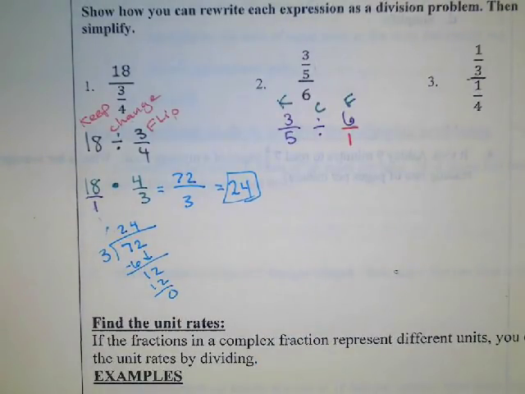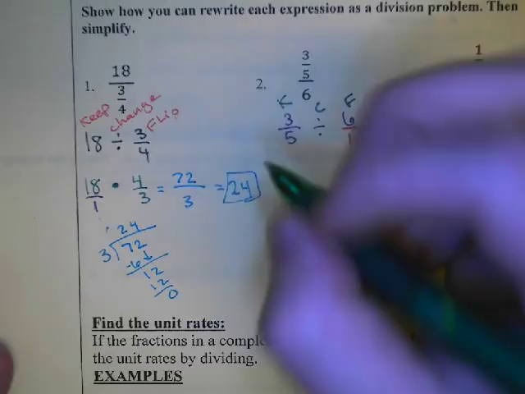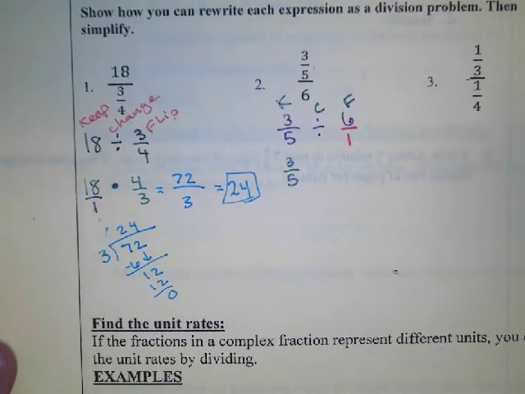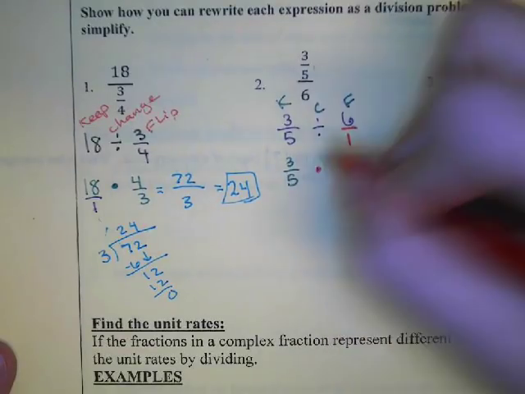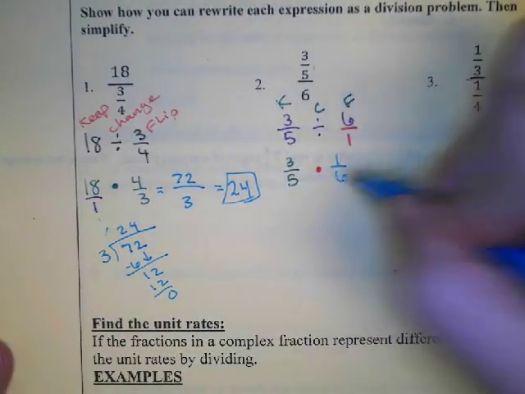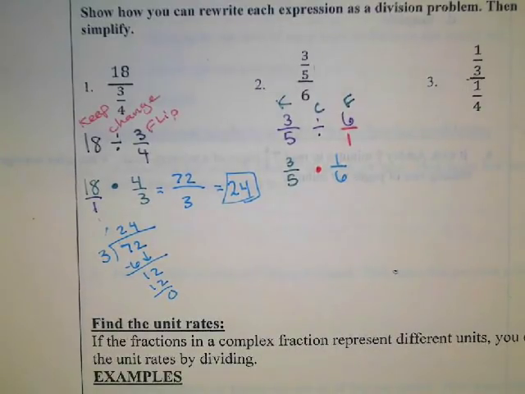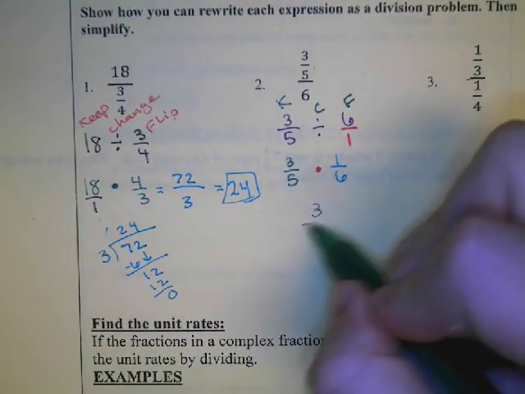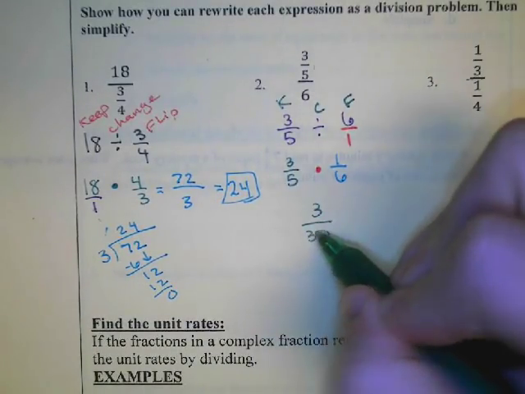We'll keep 3/5 the same. We'll change division into multiplication. And then we'll flip 6 over 1 into 1 over 6. Now we'll multiply our numerators and denominators together. 3 times 1 is 3, over 5 times 6 is 30.